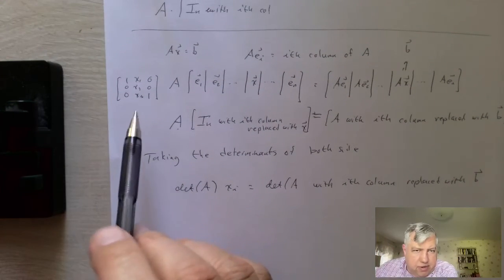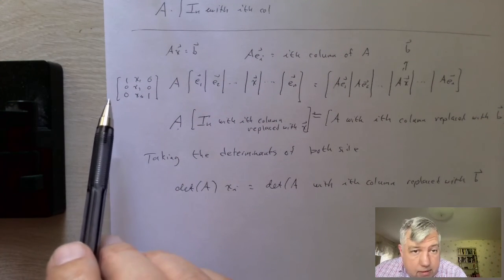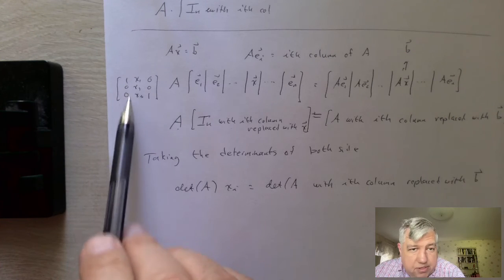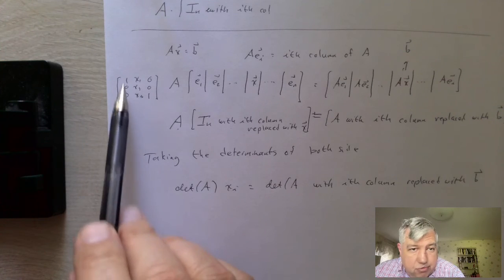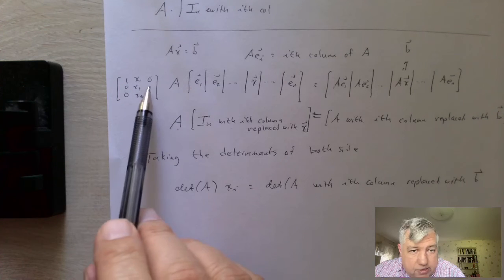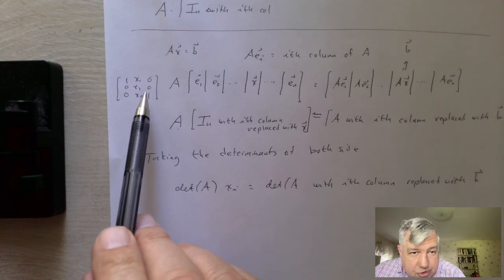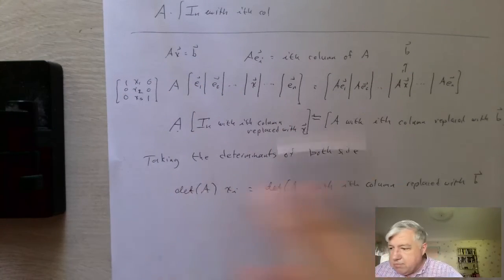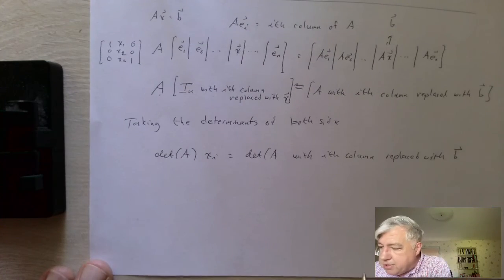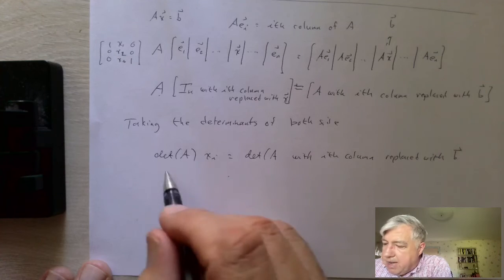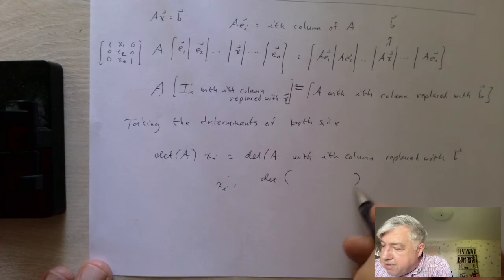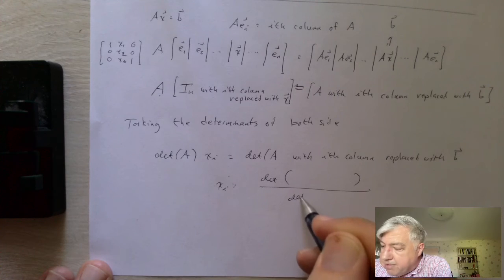If you take the determinant of this and expand, maybe just expand by one of these rows with a lot of zeros, you'll have 1 times this determinant, which is x2, and then everything else is 0. So that's why that works. And then we can just divide by the determinant of A. So this is going to be the determinant of this thing divided by the determinant of A.